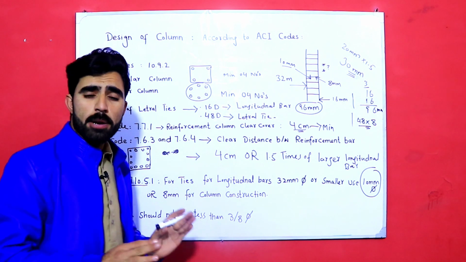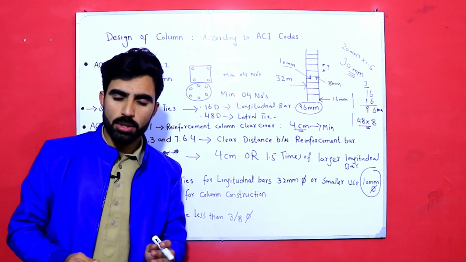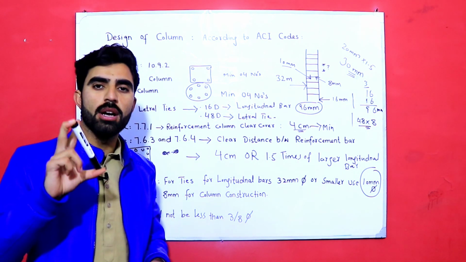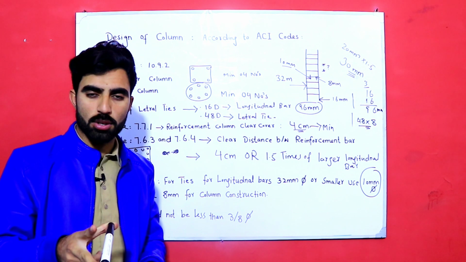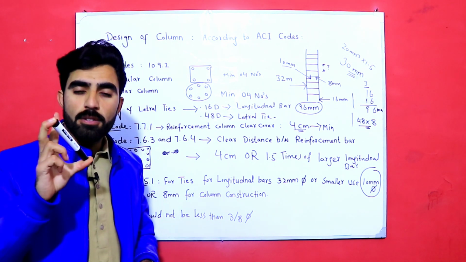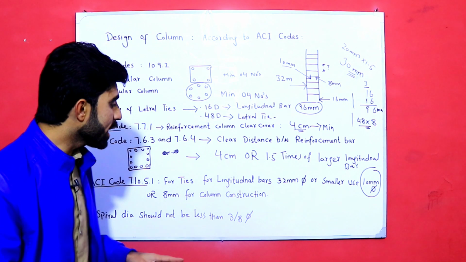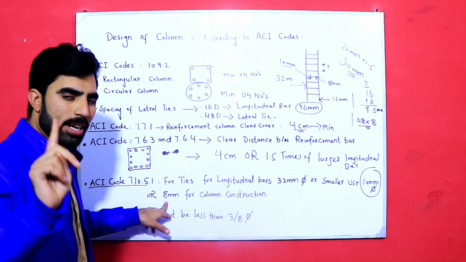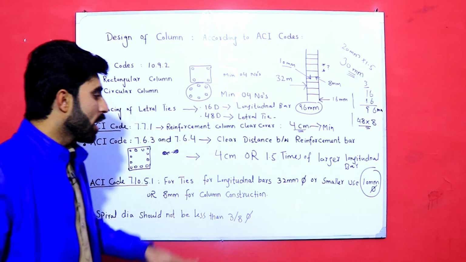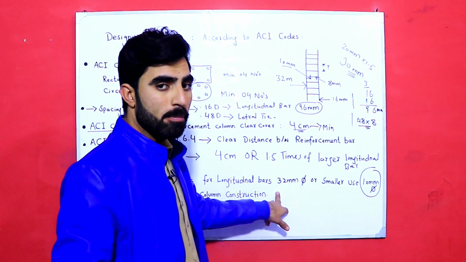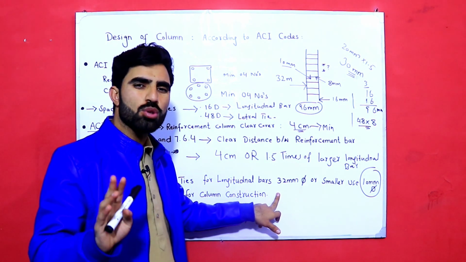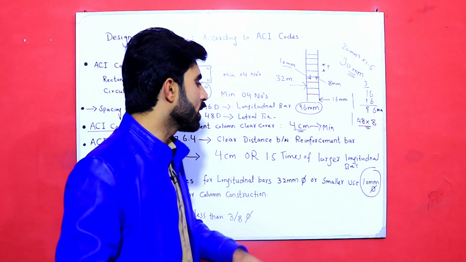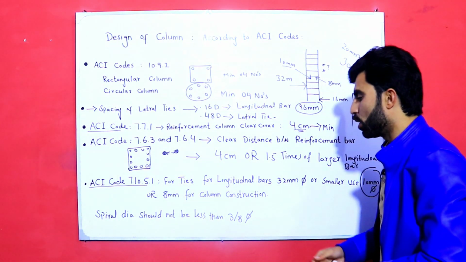But normally for a domestic house you should not use less than 6 mm dia steel bar. This is from the reference of IS code, Indian Standard Code, not less than 6 mm lateral ties dia. But in ACI codes, for column construction, lateral ties dia should be 8 mm. But if the dia of the steel bar is more than 24 up to 32, use minimum 10 mm dia lateral ties. Keep this point in your mind.